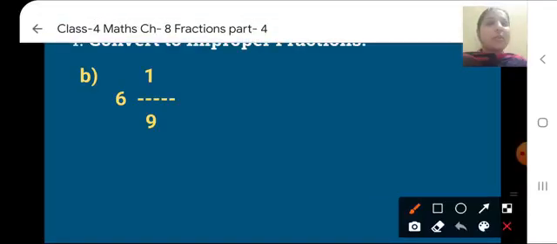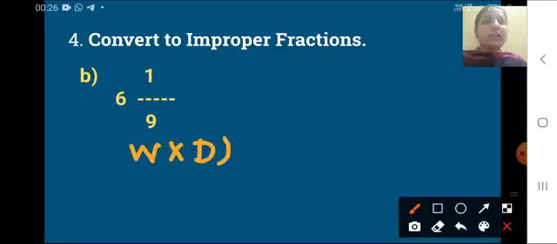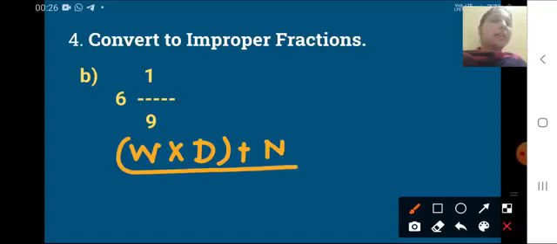Now to convert it into improper fraction, again you know how. We will multiply the whole number by the denominator, and then we will add the numerator to it. I will just write the short form: W for whole number, D for denominator, N for numerator. W times D plus N, divided by D. So what is the whole number here? 6. Denominator is 9.